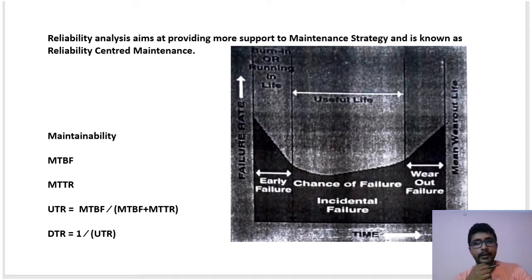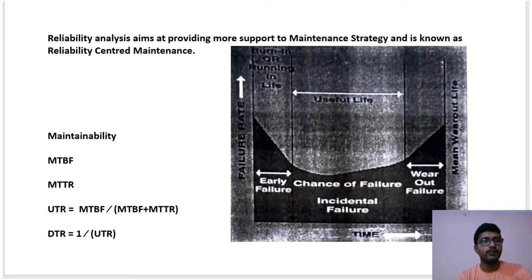For example, the equipment is performing for 6 hours and we have a downtime of 45 minutes. So the probability of ensuring 45 minutes downtime in a work period of 6 hours, that is the maintainability. How concrete we are in predicting that this much downtime will occur in a span of 6 hours. That factor is called maintainability.